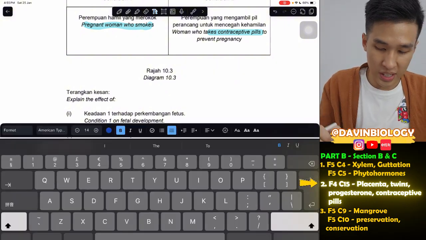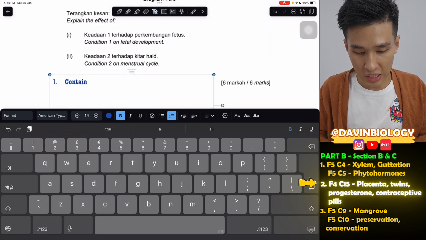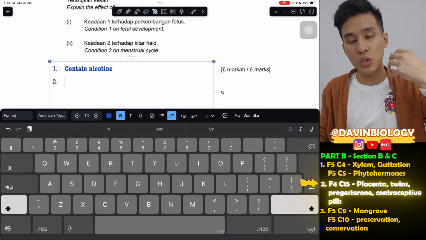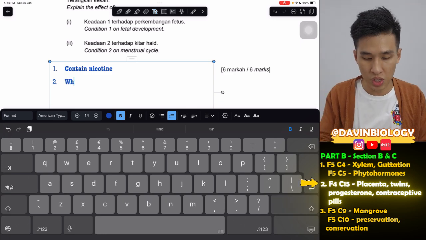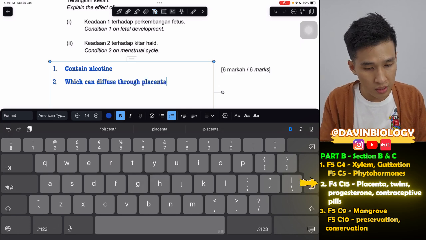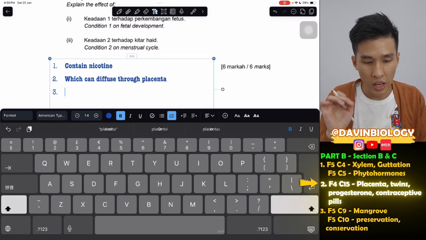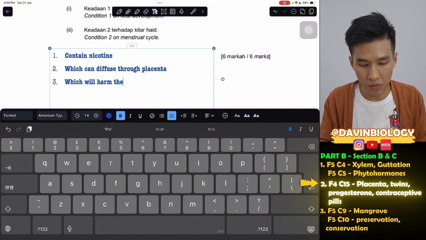So number 1, you can say the cigarette smoke contains nicotine, which is one of the small substances that can pass through the placenta we mentioned earlier. So you can say it can diffuse through the placenta, which will harm the fetus.